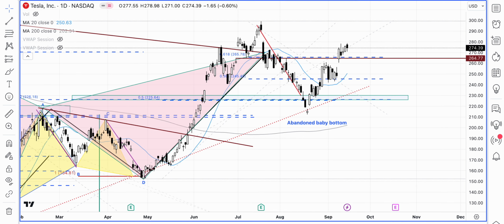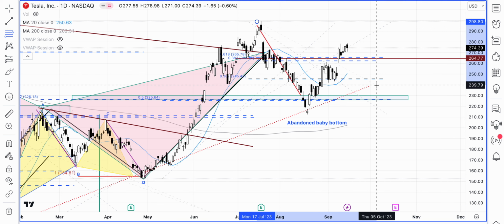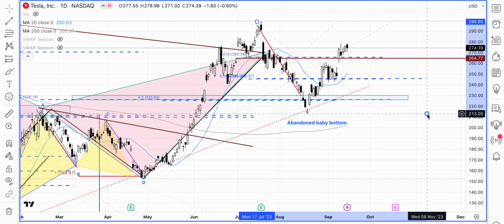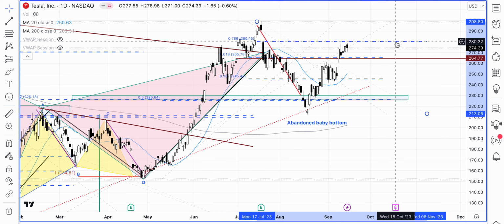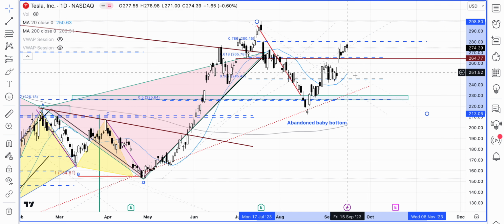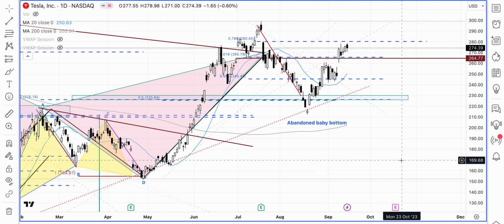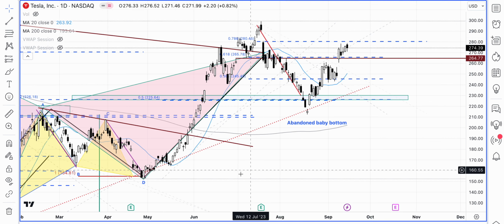So where it is at the moment, let's just do a retracement, and I'm going to bring the 78.6% Fibonacci retracement. So this is a key one. It's possible that the stock might find some resistance from here, maybe even pull back a little bit, fill in this gap. But if it is able to take out the $280 per share level on a closing basis, consecutive days on the daily chart, then $350 is the next one that we're looking at.